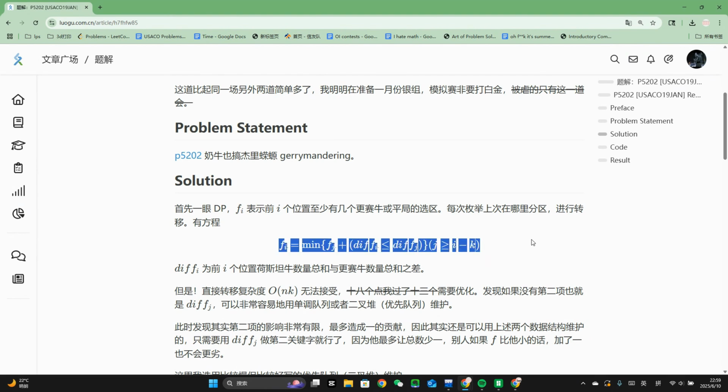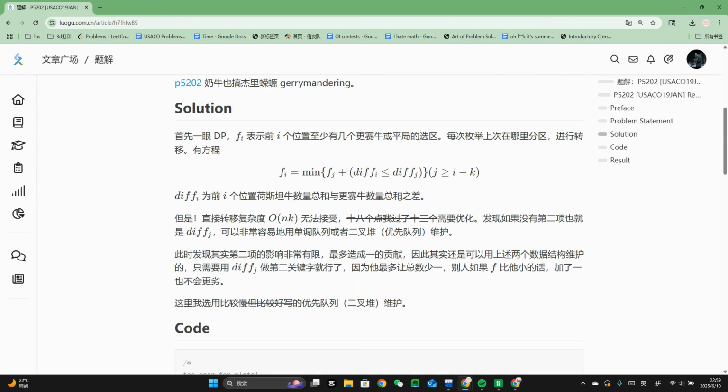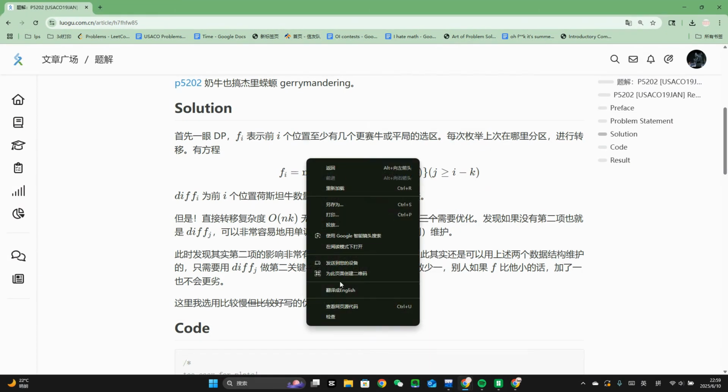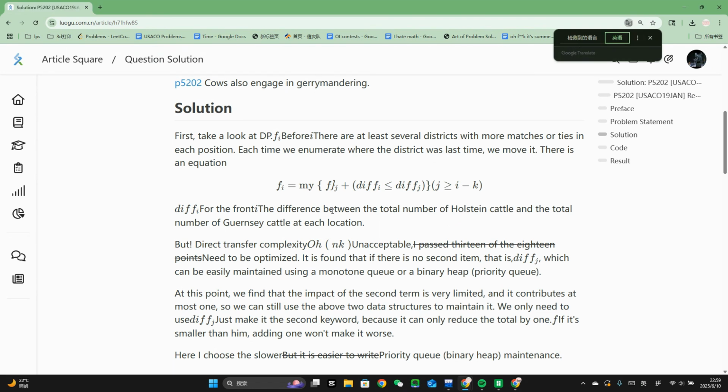So this whole thing looks like it cannot really be optimized into better than O(n) squared, right? However, it actually can, because even though we cannot use any data structure that really maintains this term, it only costs at most 1 contribution to the answer to affect F_i. So actually, we can still use whatever data structure you prefer to just maintain the minimum F_j.